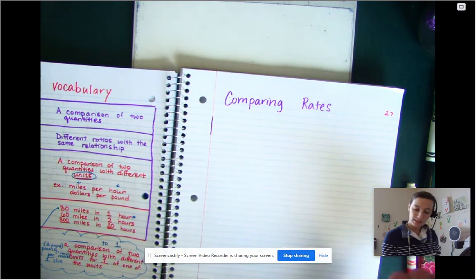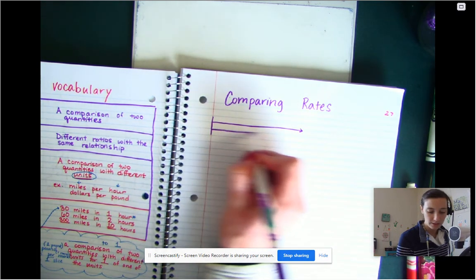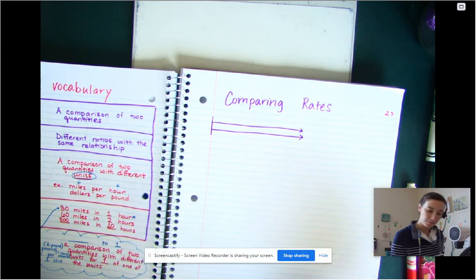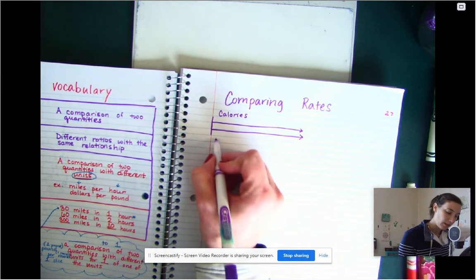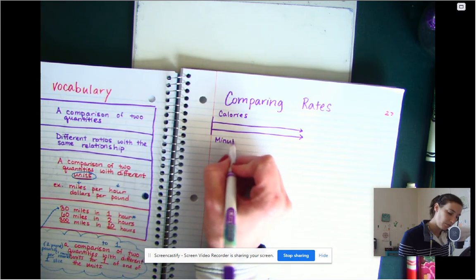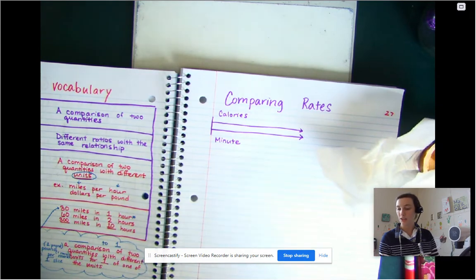So one of the ones they give you, and they give you a double arrow graph for this, is calories per minute. So probably thinking about somebody who's exercising or trying to figure out something related to their food intake.